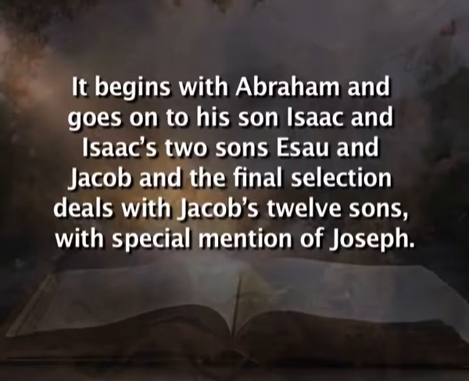It begins with Abraham and goes on to his son Isaac and Isaac's 2 sons Esau and Jacob, and the final section deals with Jacob's 12 sons with special mention of Joseph.